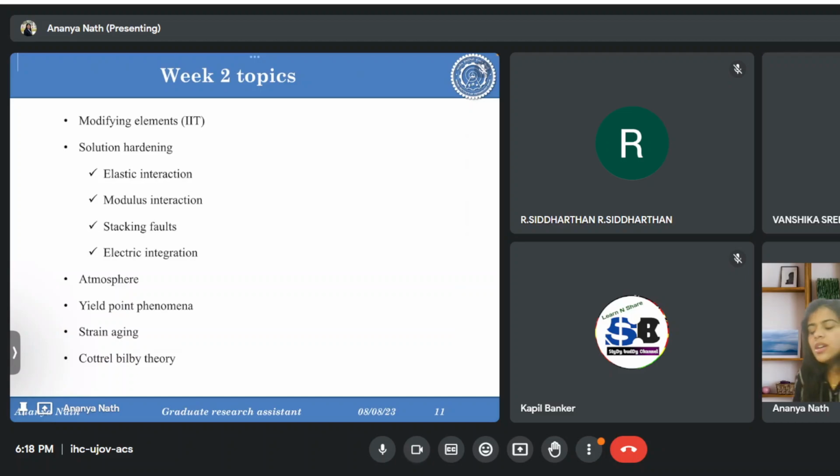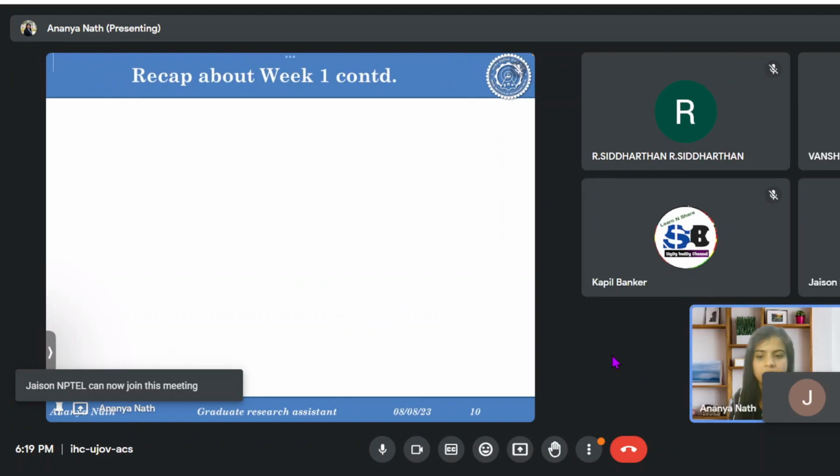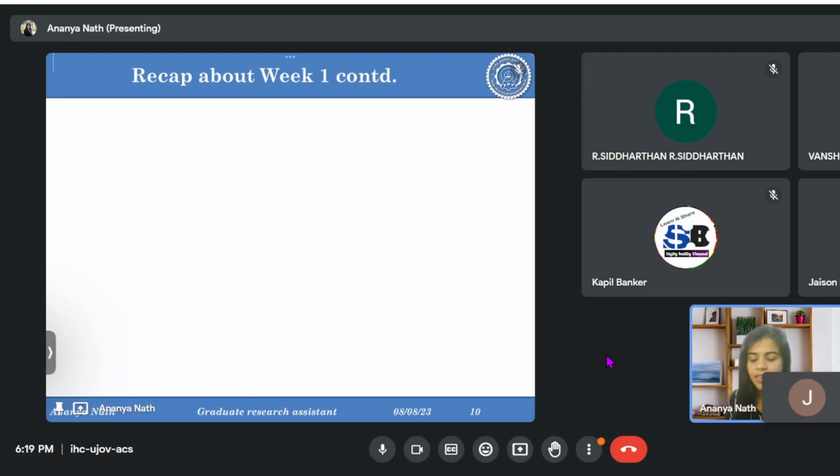Okay, no problem. So in last class, if you remember, I had shown that there is a silicon growth inside aluminum silicon alloys. If silicon is anyhow present inside aluminum alloys, it will always try to grow inside it.